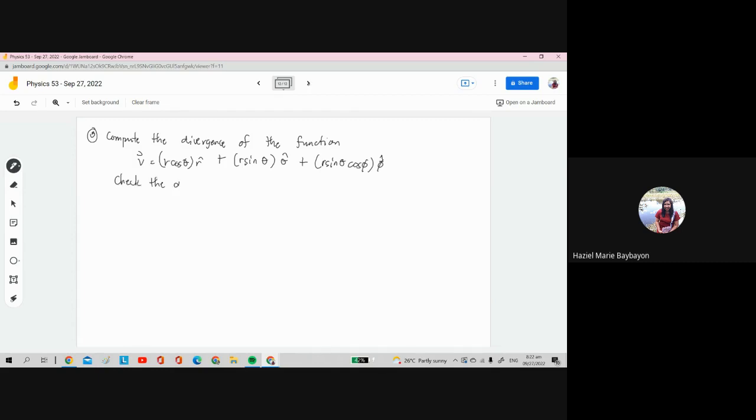This is to illustrate that we do not always use a spherical surface or a sphere volume. So check the divergence theorem for this function using as your volume the inverted hemisphere.